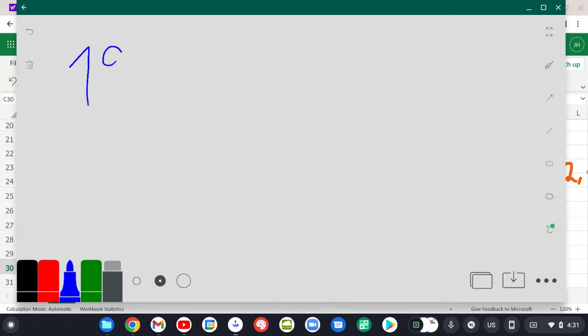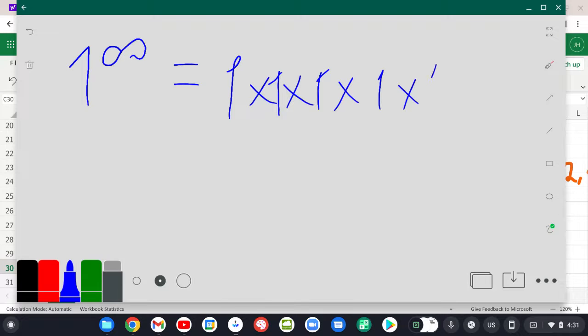First of all, 1 raised to infinity is 1, of course, because 1 times 1 times 1, infinitely, is still 1. 1 raised to negative infinity, just momentarily I mistook it for 1.